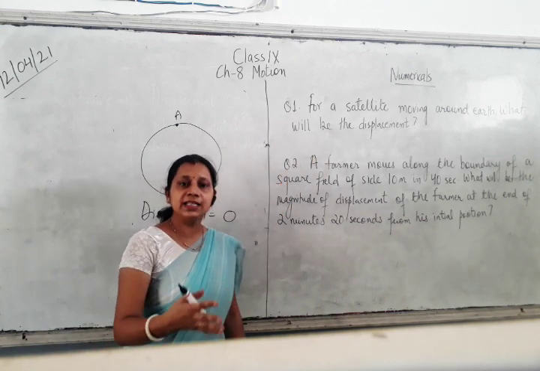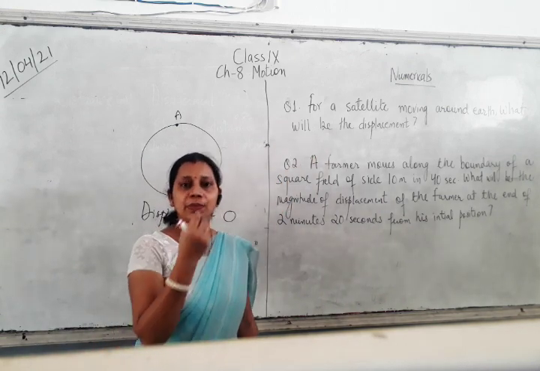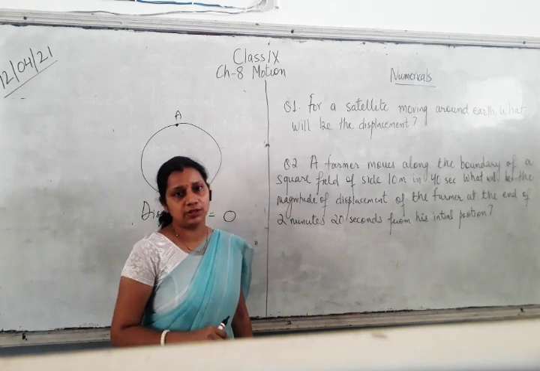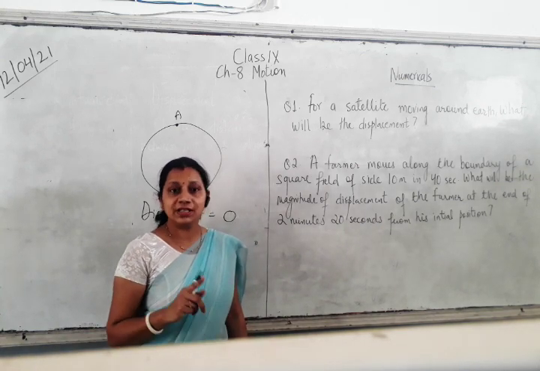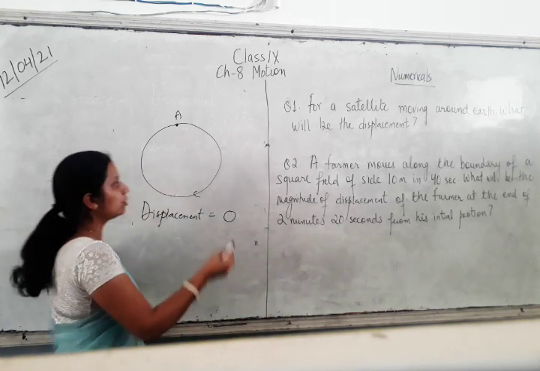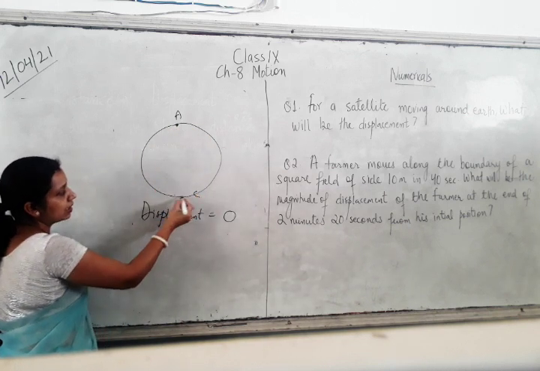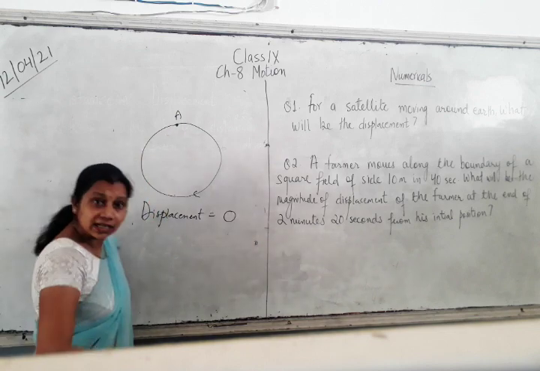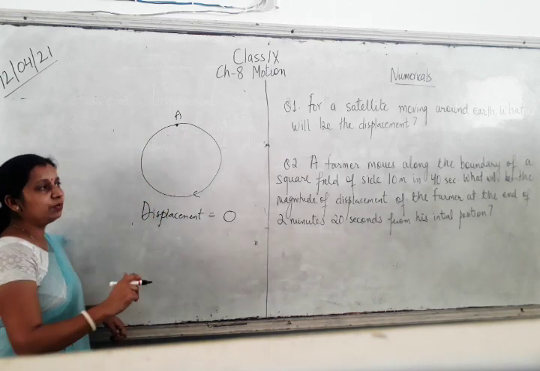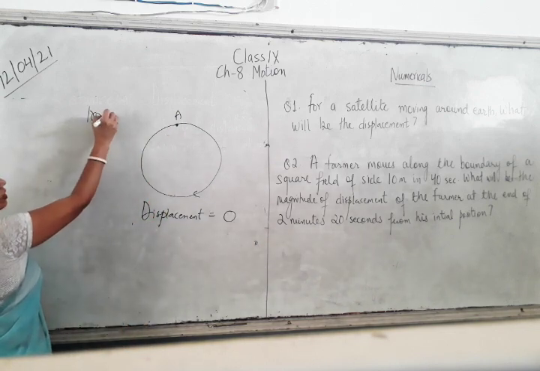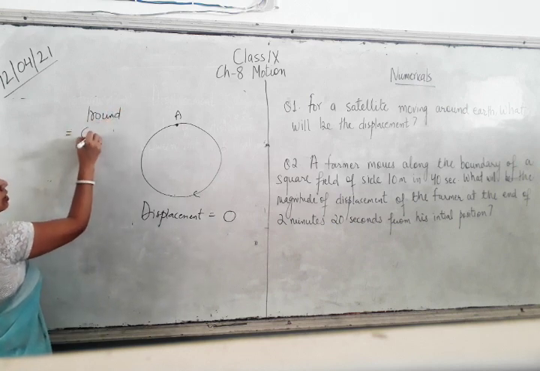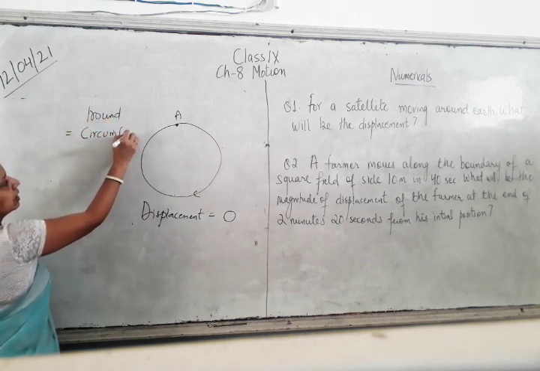Similarly, if you have to find the distance covered by this satellite in one round, the distance can be a curved path. Starting from this point, the satellite covers this path, which is the circumference. So one round is equal to the circumference of this circle.